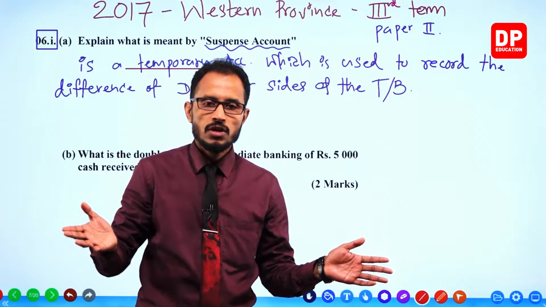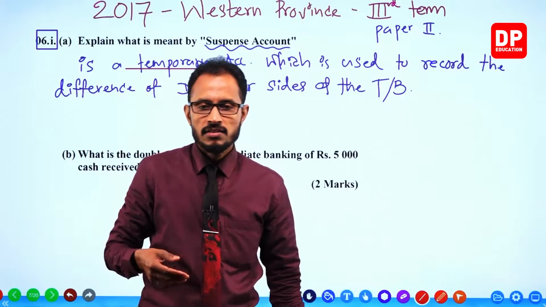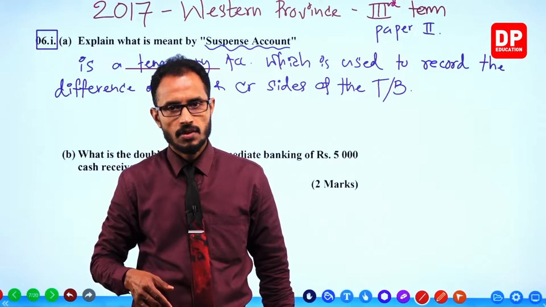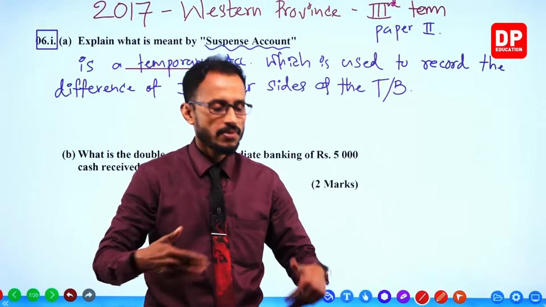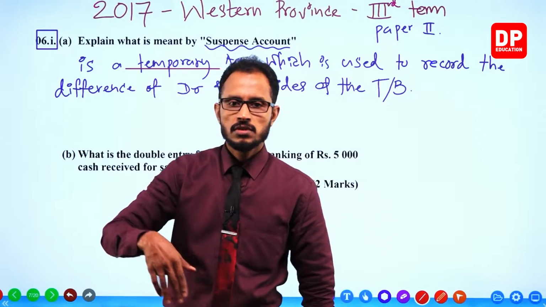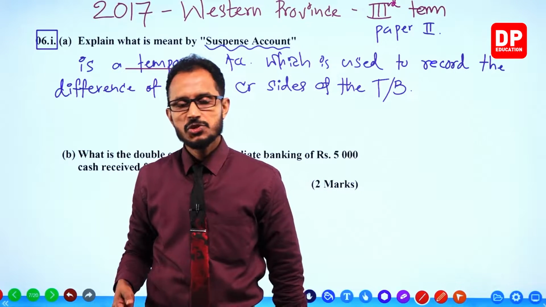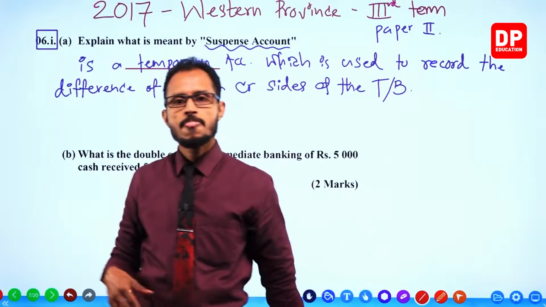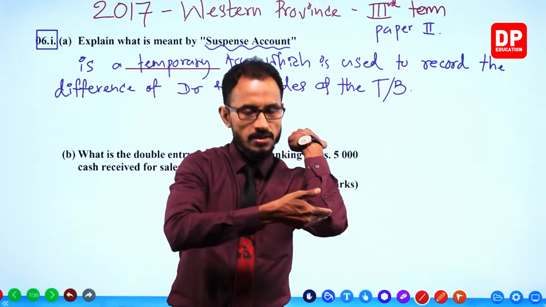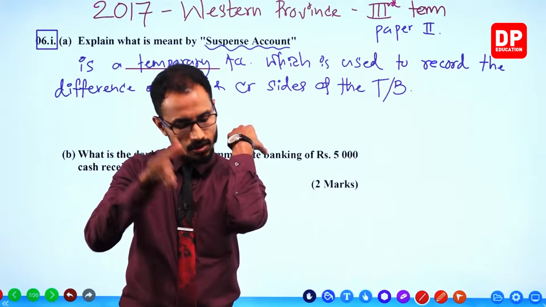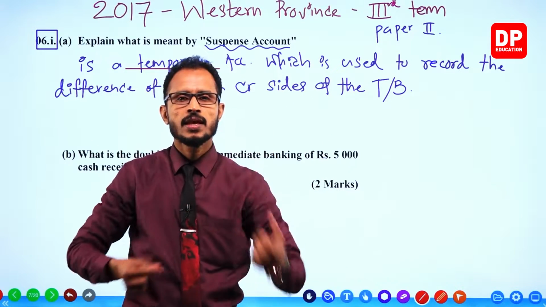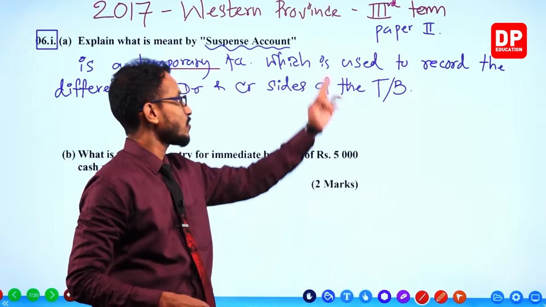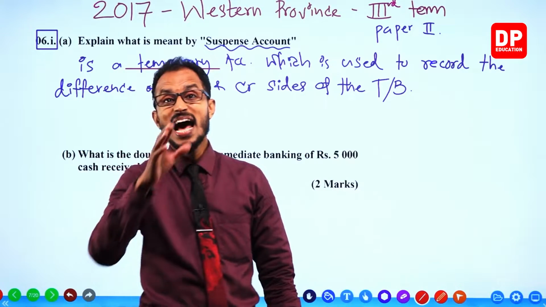In school, if you chase after somebody and you trip and fall down and damage your knee, you put a plaster on the wound. Let's say you damage your elbow, you put a plaster on the elbow. Yeah, suspense account is a plaster.